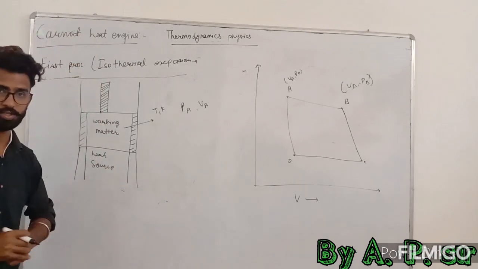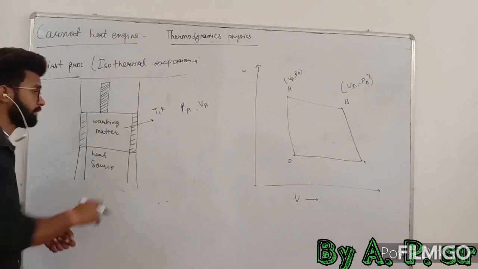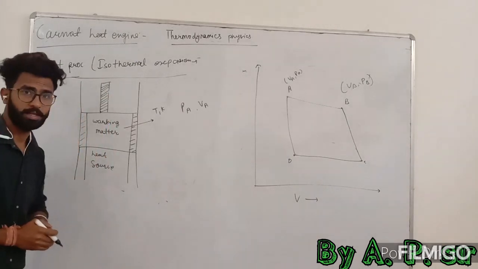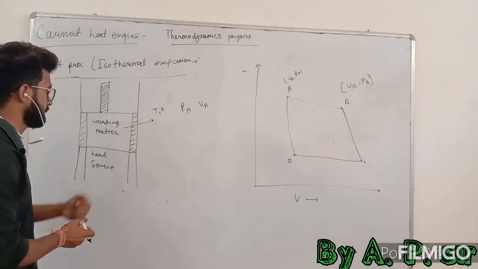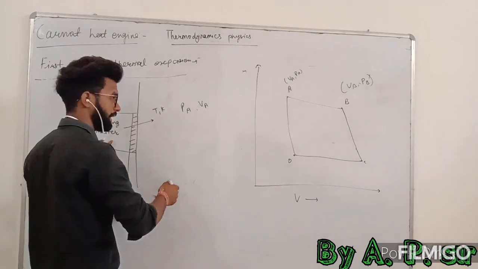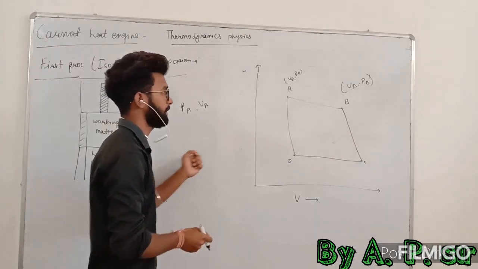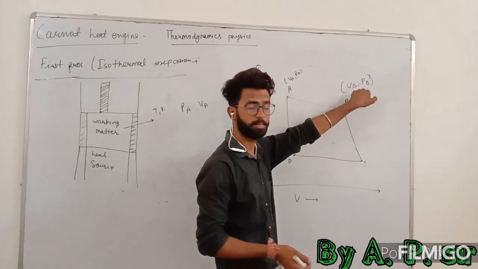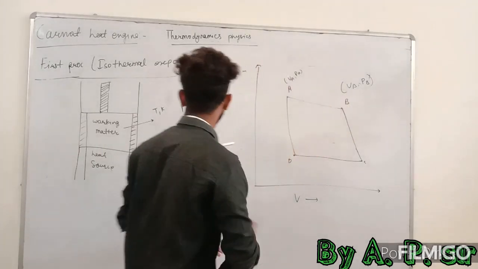When we pull the piston, the volume of the working material will increase and the pressure will decrease.